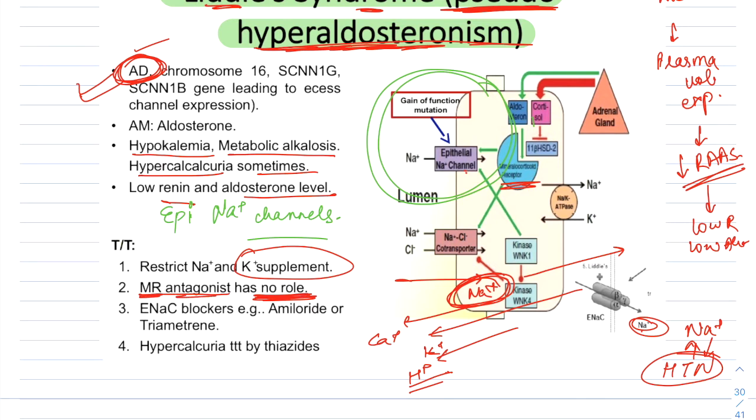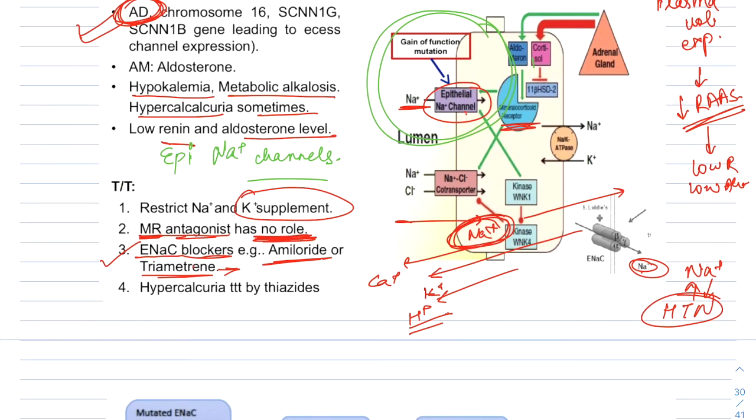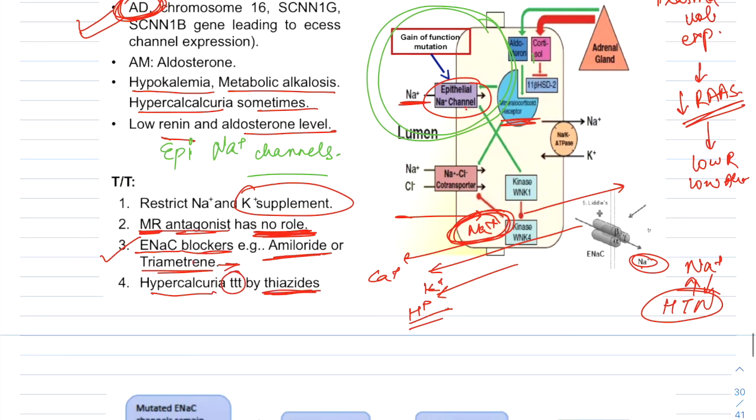However, the drugs that act on the epithelial sodium channels, that is epithelial sodium channel blockers like amiloride or triamterene, do have a role. They are the main drugs that act in Liddle syndrome, and we have to use them. If hypercalciuria is present, we can treat it with thiazides, which decrease the calcium loss in the urine.